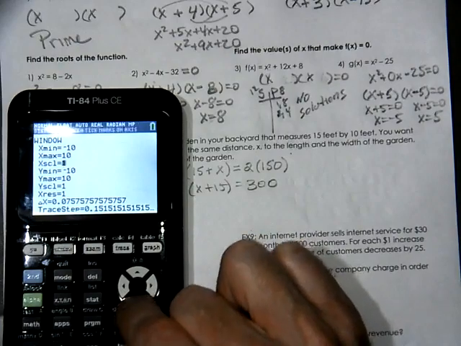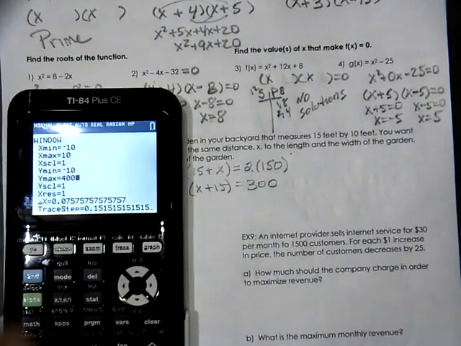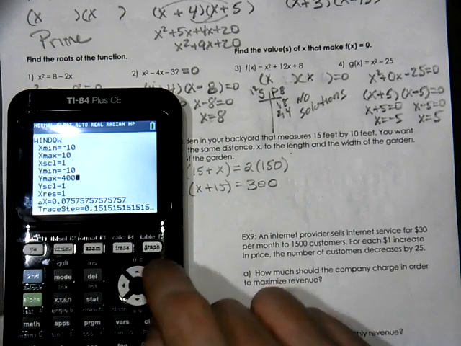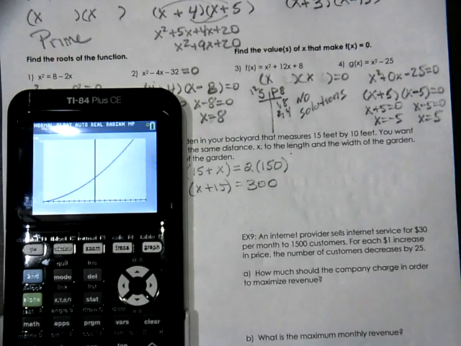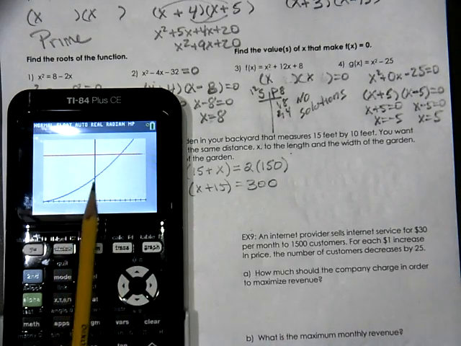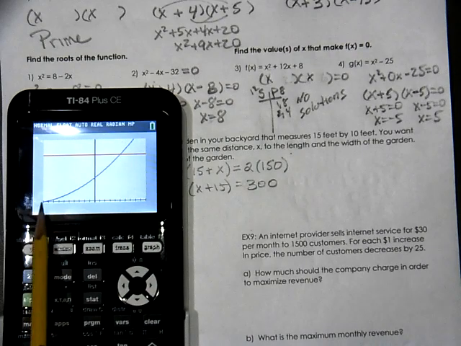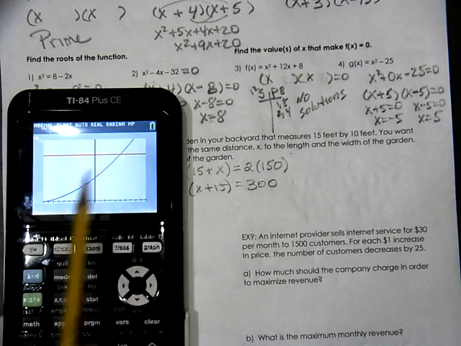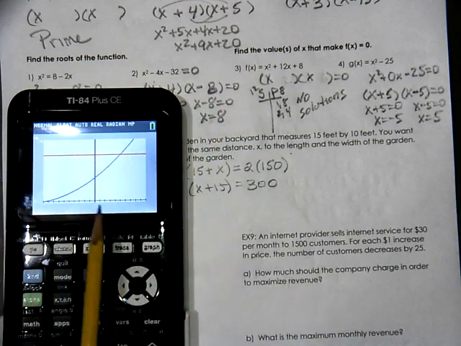We knew we wanted to check out 300, so we could have gone to our window, our maximum y value up to 400. Remember, we're going to have an x-intercept of our quadratic at -10 and also at -15. So it's going to curve all the way through our parabola.